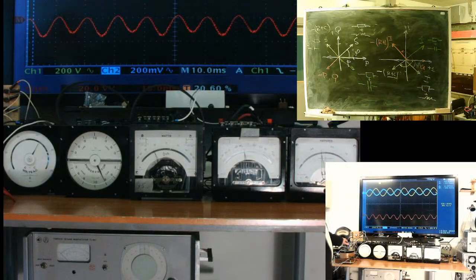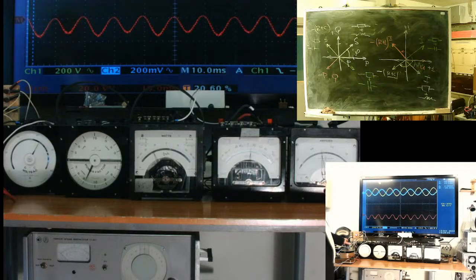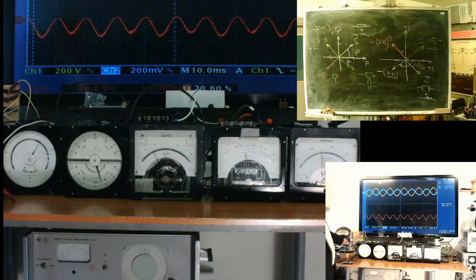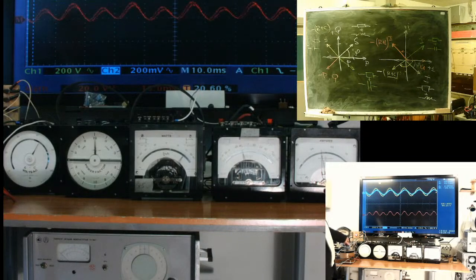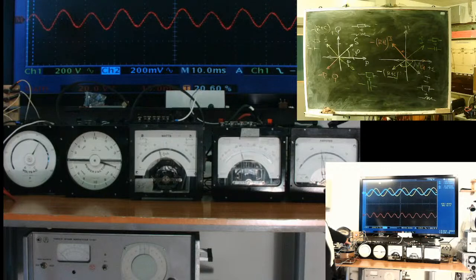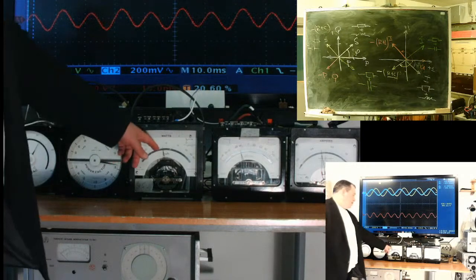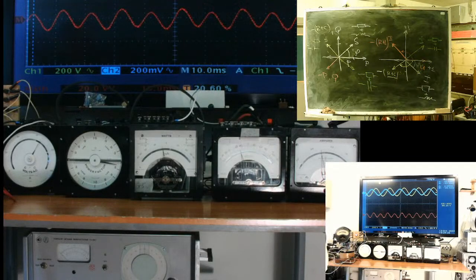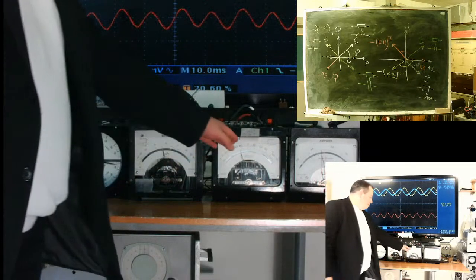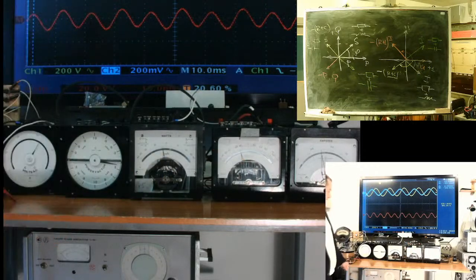More typical will be something like this, with a little overexcitement, or maybe this one, small underexcitement. Regime of synchronous condenser. The synchronous machine supplies very little active power, maybe zero, and supplies the network with reactive power.